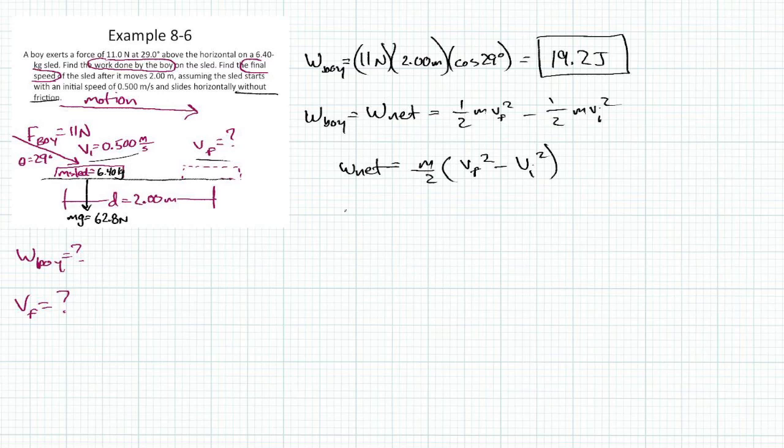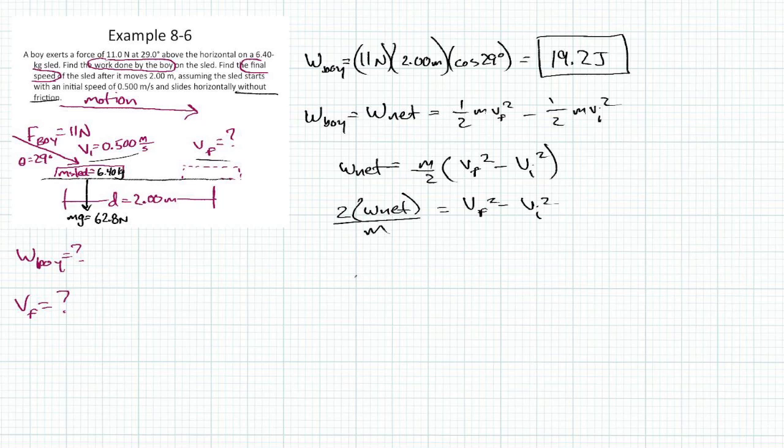So 2 times net work over m equals v f squared minus v i squared.